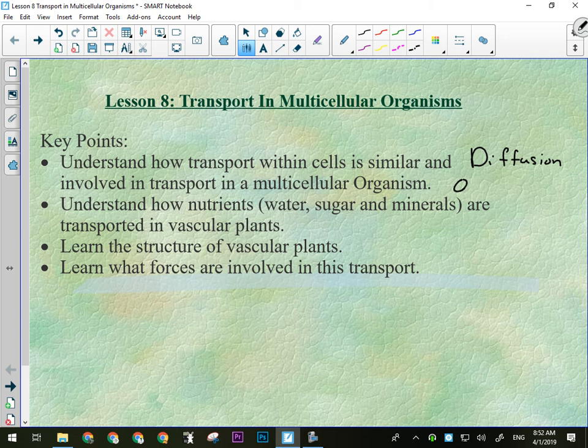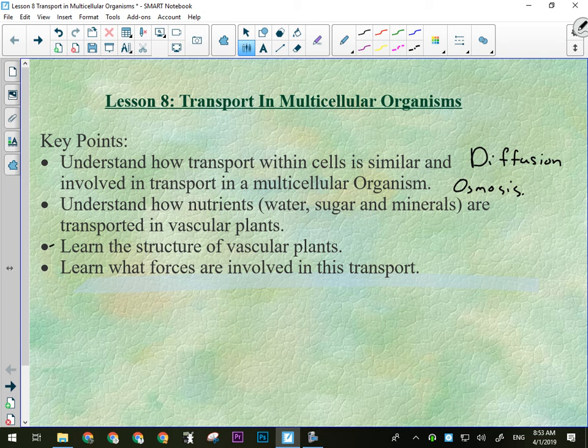But this is super important: osmosis is the reason, or the method, or the force that provides this transport for plants. So we're going to look at some structural stuff to do with plants today, general things like leaves, stem, roots, and then we're going to look at the forces that are involved in transport for a plant.